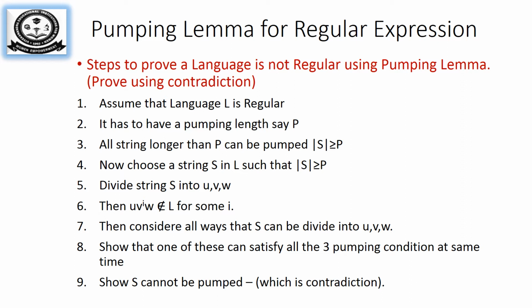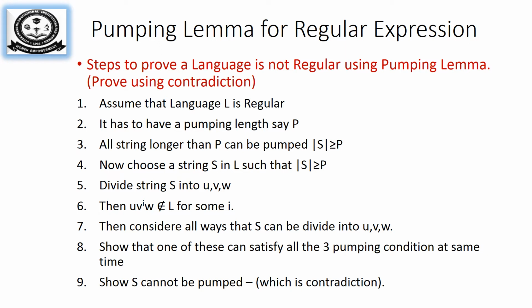If you are able to satisfy all three conditions at the same time, then we can say the language is regular. If any one condition fails, then we can say S cannot be pumped. If a language is regular, it can be pumped. If the language is not regular, it cannot be pumped. So this is a contradiction of the first statement, and we will prove the problem.